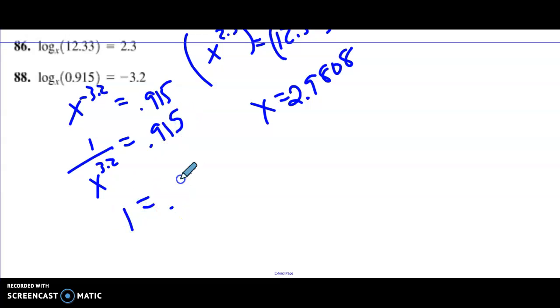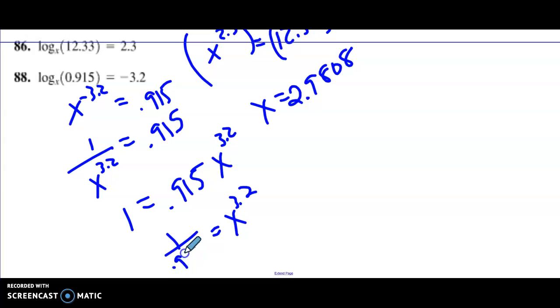So if I multiply both sides by x to the 3.2 power and then divide by 0.915, again, I'm going to raise both sides to the 1 over 3.2 power, because that undoes the x to the 3.2. Raising to the 1 over 3.2 means it's just going to be x.